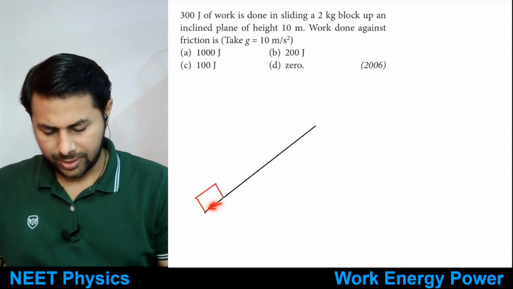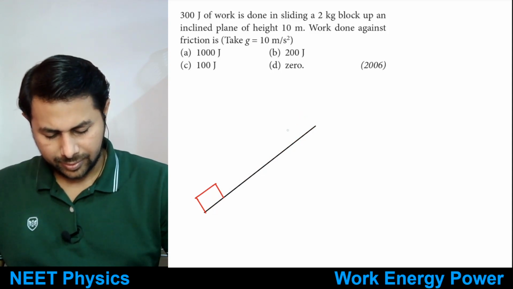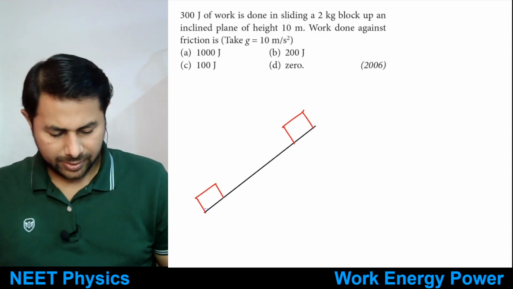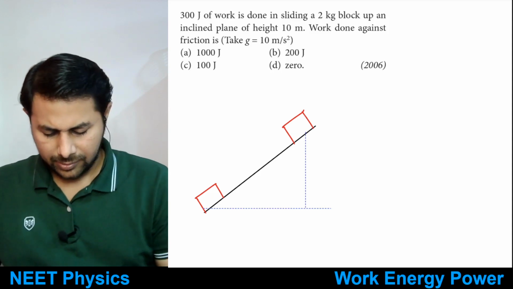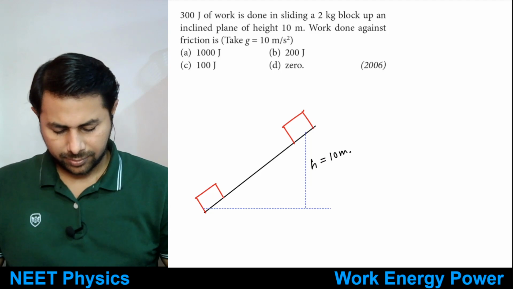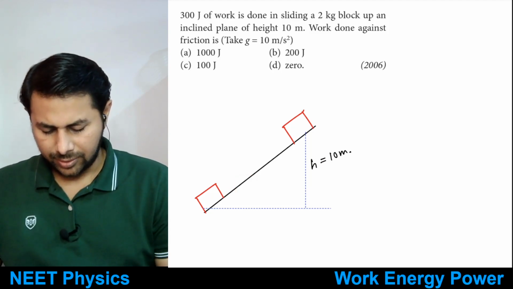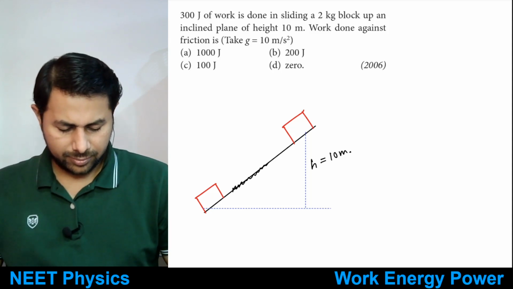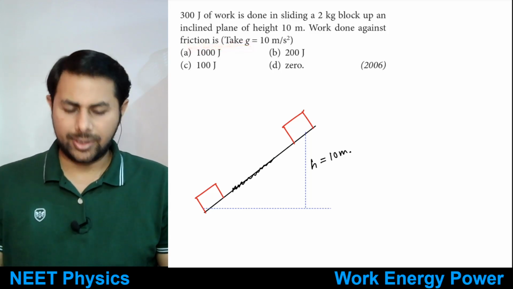So from here, suppose you slide it till here. The difference in height is 10 meters, right? And there is some friction also. So work done against the friction is, this is the question.